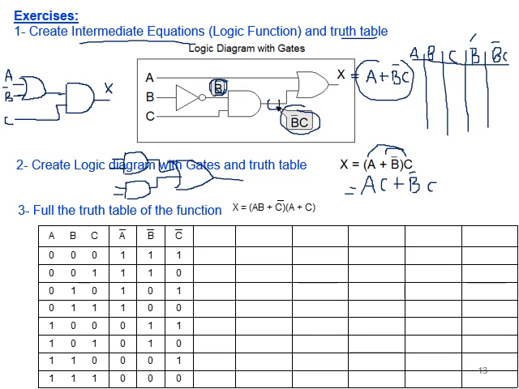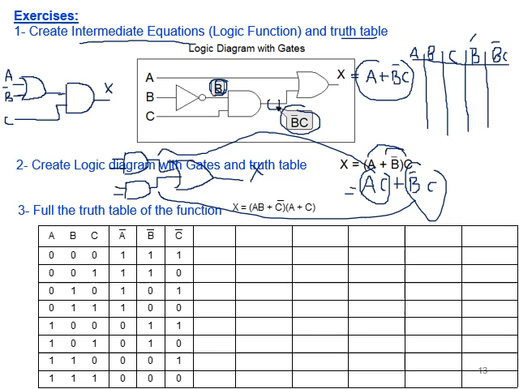As you can see here, this is X, and this AC is the input here, output here, because here A and C, and this B dash C is the output here, where B dash and C are the inputs for this AND gate. You see? After that, you need to create the truth table, and I think it's easy.